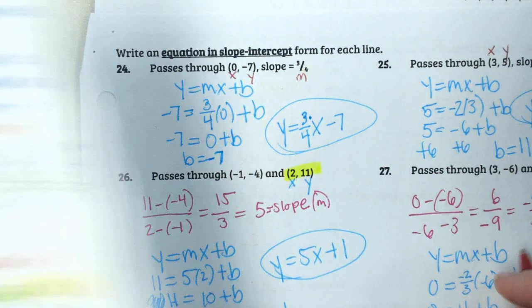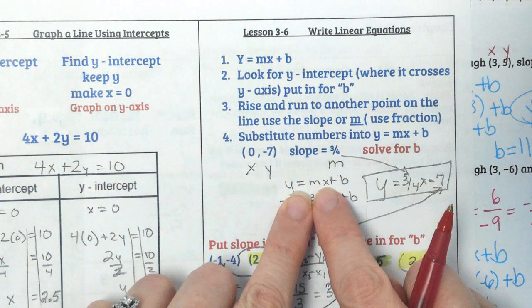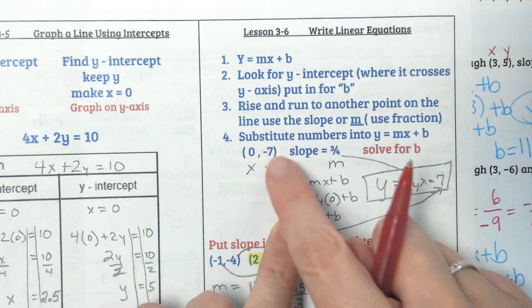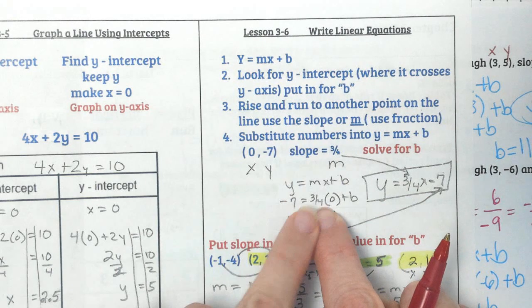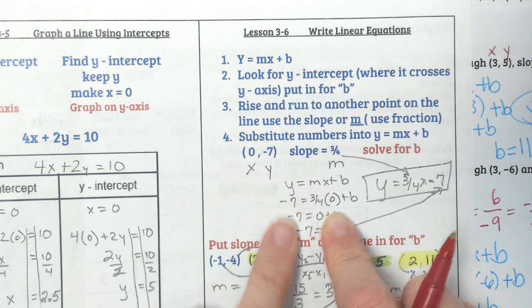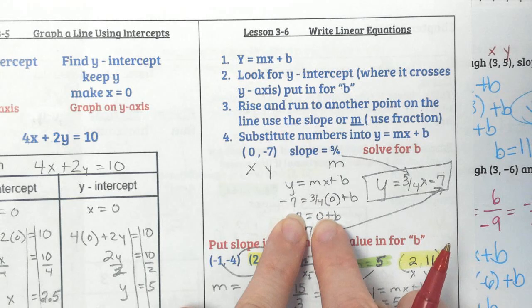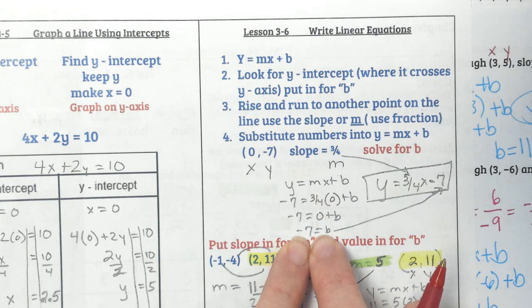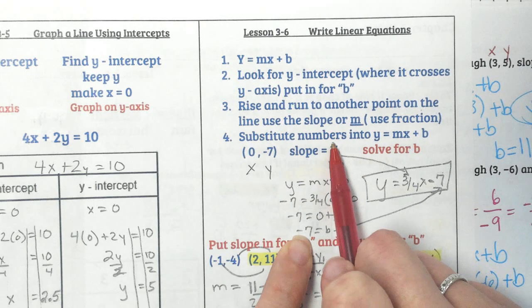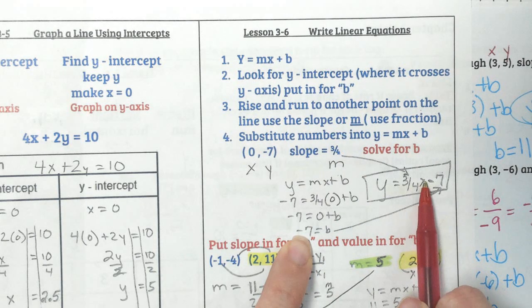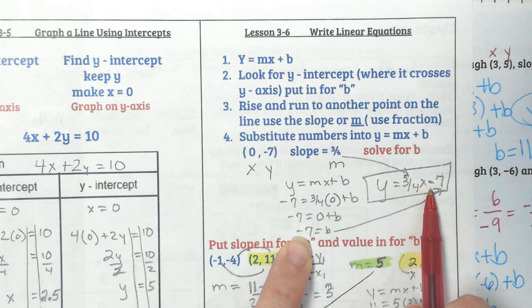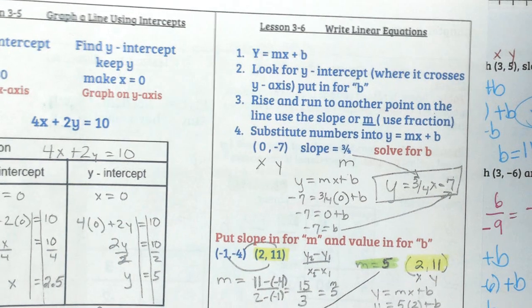And it even shows you that right here. You have your y equals mx plus b. Plug in your y, plug in your m, plug in your x, and solve. 3/4 times 0 is 0. So I get b is negative 7. So my equation is y equals that m that I had, x, and then that b that I had. Y equals 3/4 x minus 7.